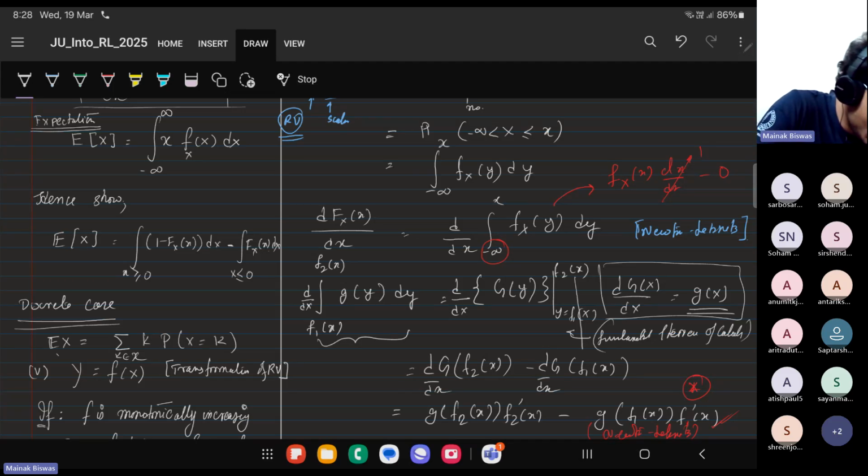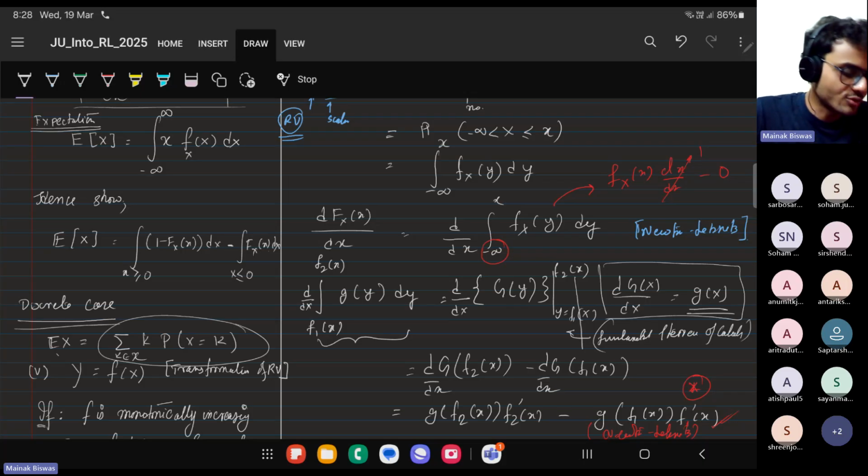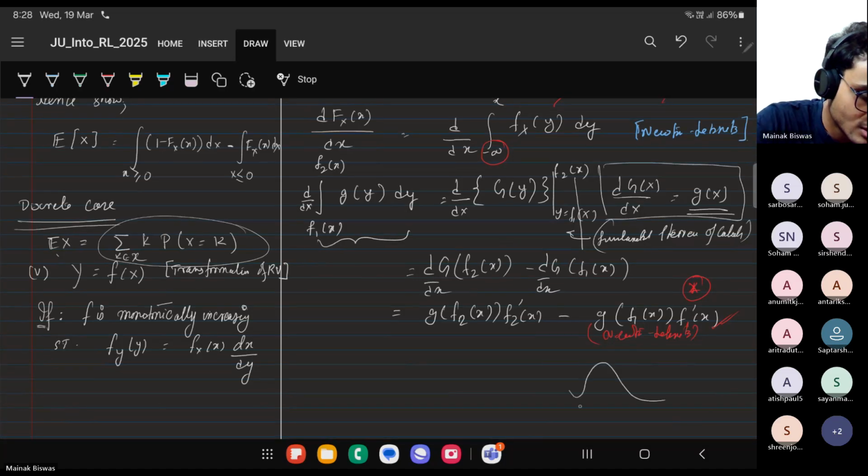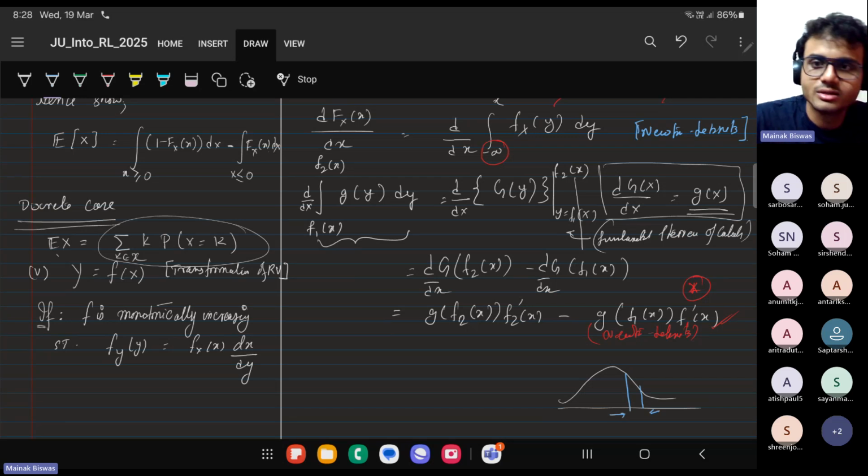But now, how do I replace it with the expectation in the CDF in a continuous space? Can you tell me using your calculus type of idea? Something like a Riemann sum we can do, right?